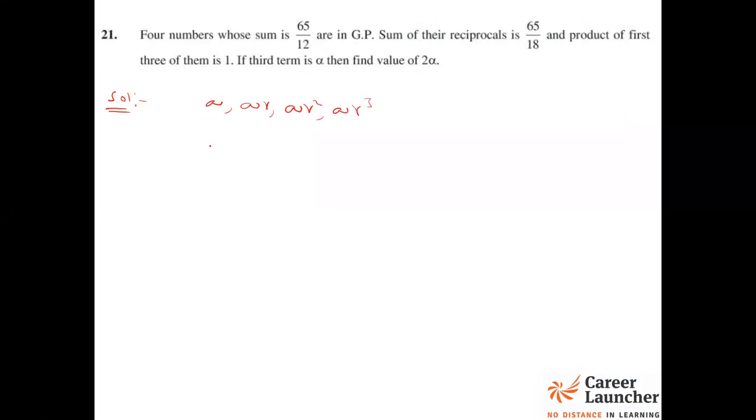The sum of these numbers in GP is given, so A plus AR plus AR square plus AR cube is 65/12. And the sum of their reciprocals is given as 65/18. So 1 by A plus 1 by AR plus 1 by AR square plus 1 by AR cube is 65/18.